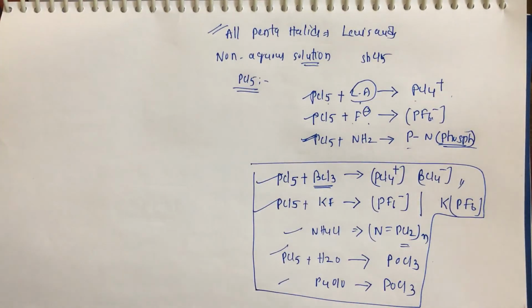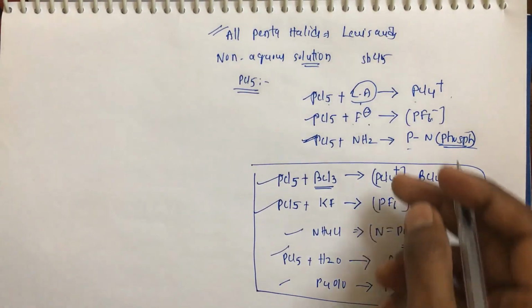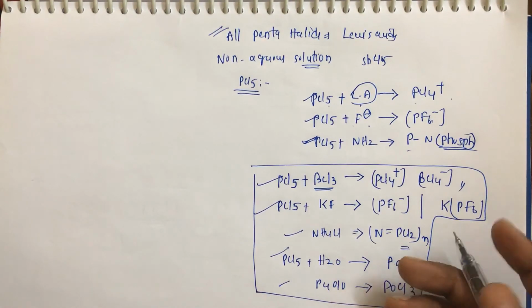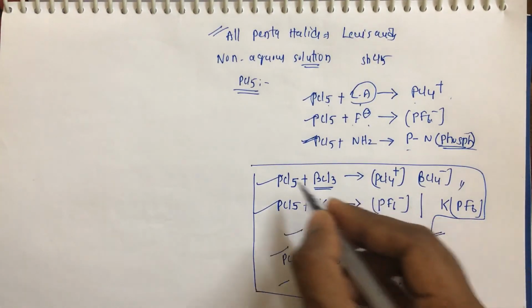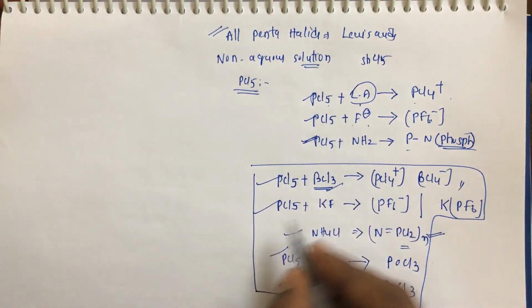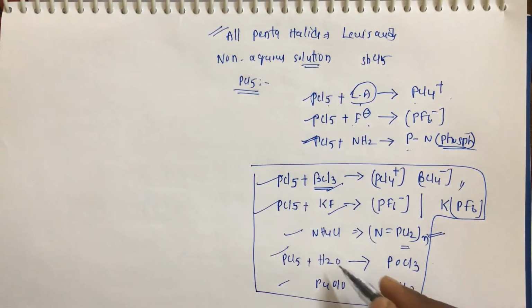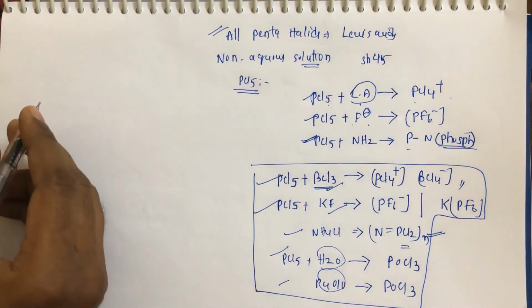They can ask about cyclophosphazene, or PCl5 reaction with BCl3 or KF, or with water and P4O10. These are the important reactions of PCl5.